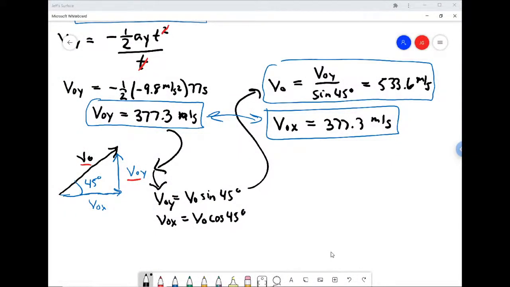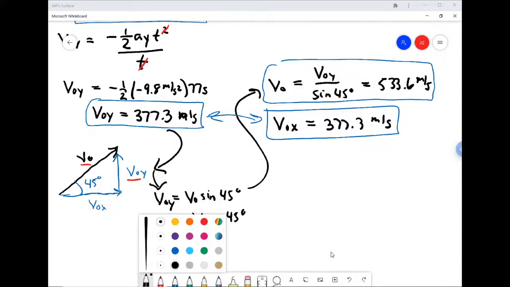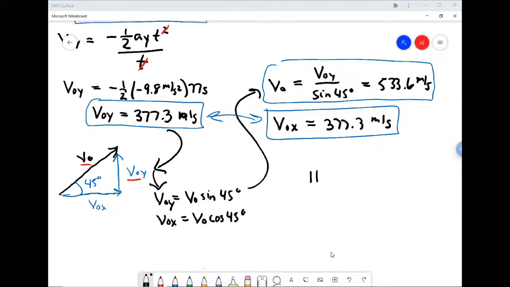Okay. So this is kind of a side problem here. How high does it go? Well, in this particular case, what we know is what we have already figured out. We know the initial velocity. We know the rate of acceleration.